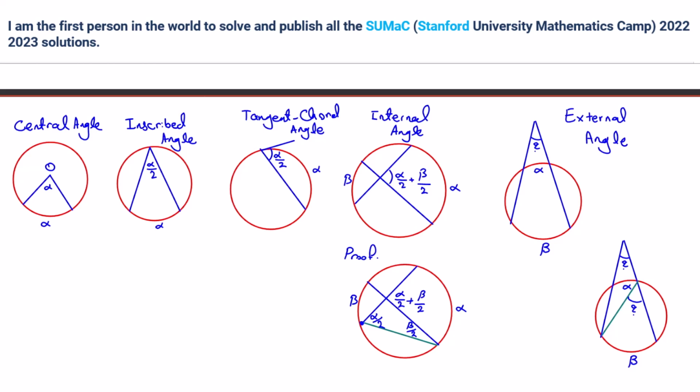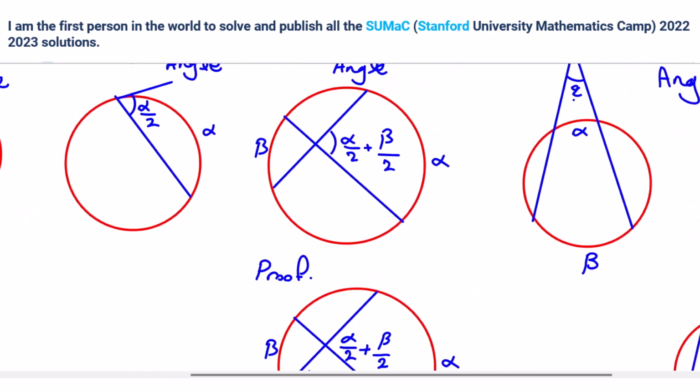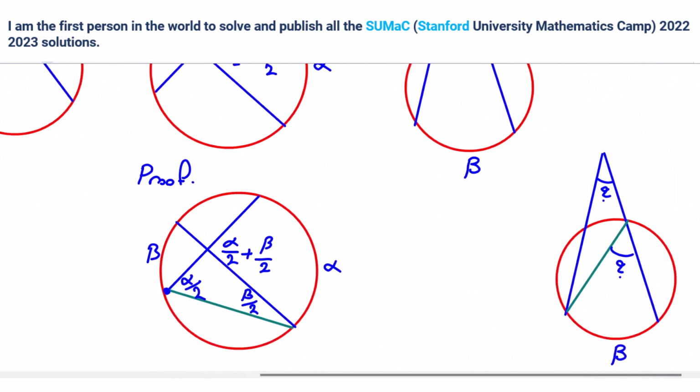Alpha is this arc, not the angle. Let me maximize. That's equal to B over 2. Exactly. This is B over 2, and the other one is A over 2.